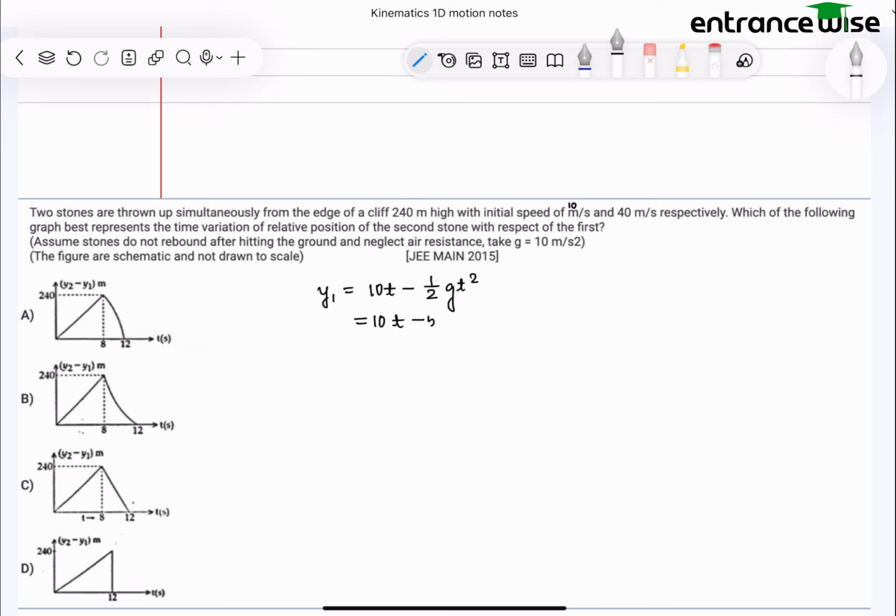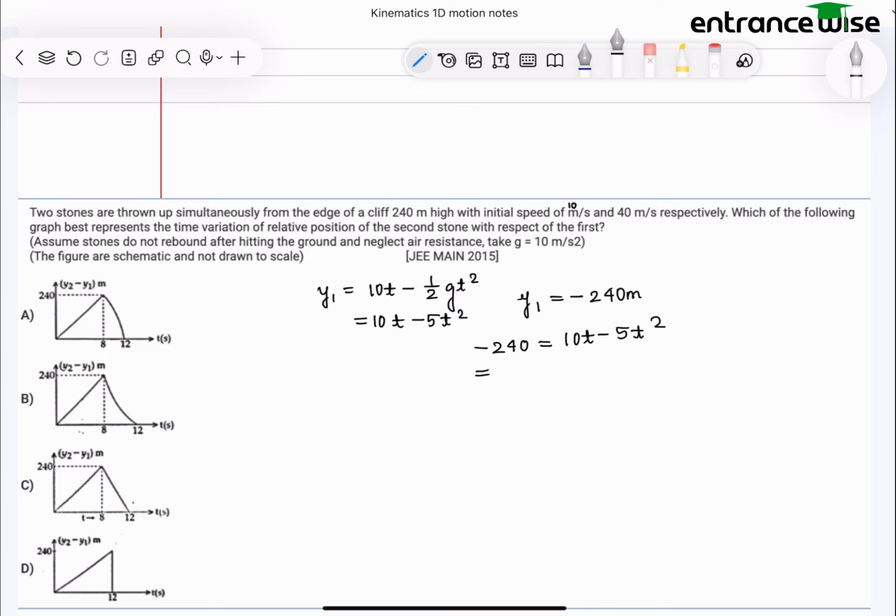10t minus 5t square, and the final displacement is y1 equals minus 240 meter. So we can write minus 240 equals 10t minus 5t square.